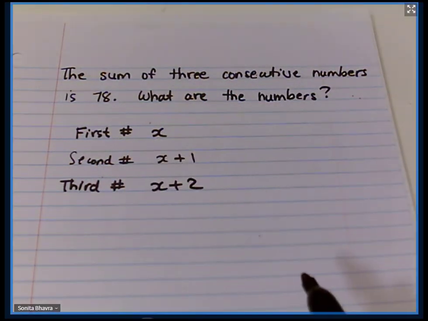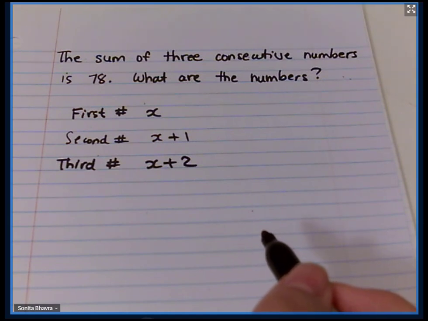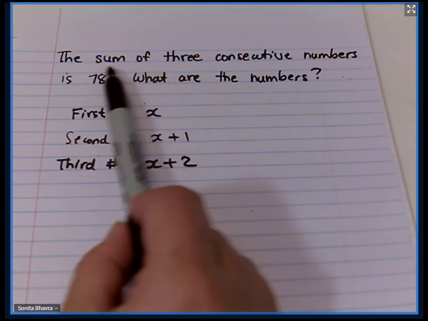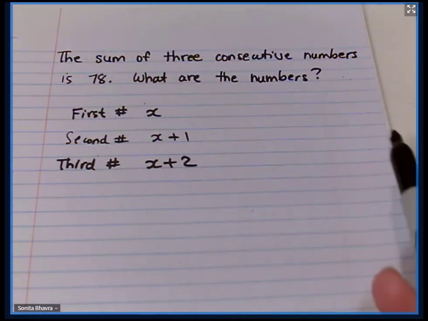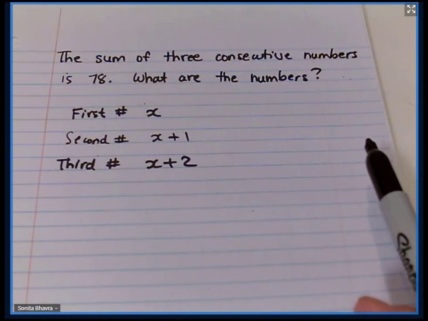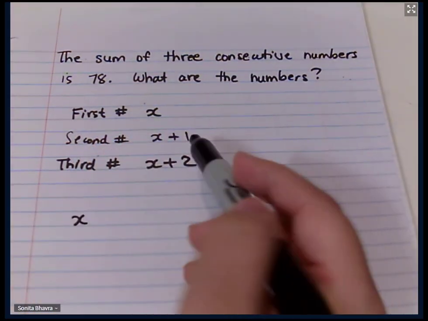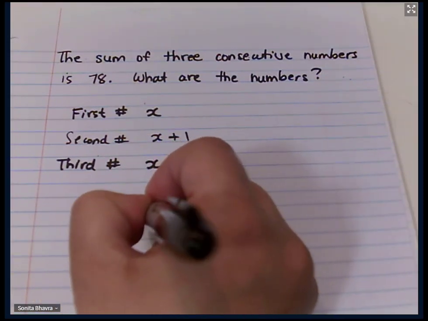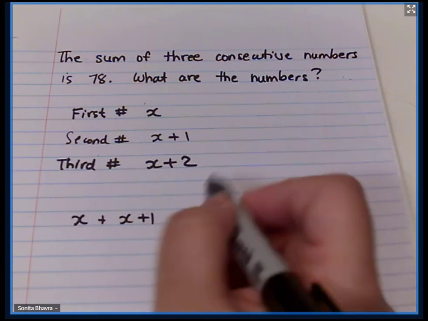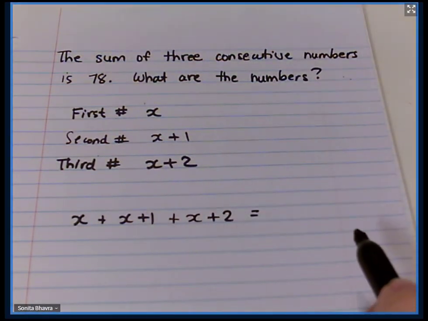That is how we work with consecutive numbers. Next, we know that the sum of the three consecutive numbers is 78, so we have to add all three of these together to give a sum of 78. We take x, plus x plus 1, plus x plus 2, and the sum of it is 78.